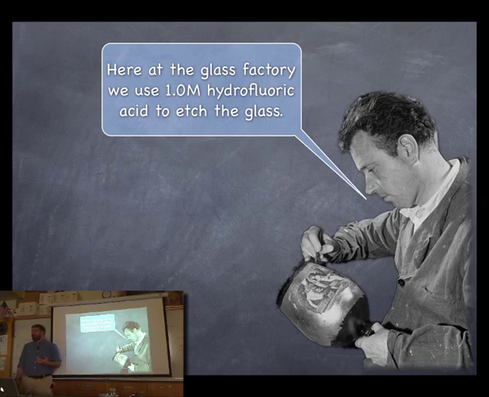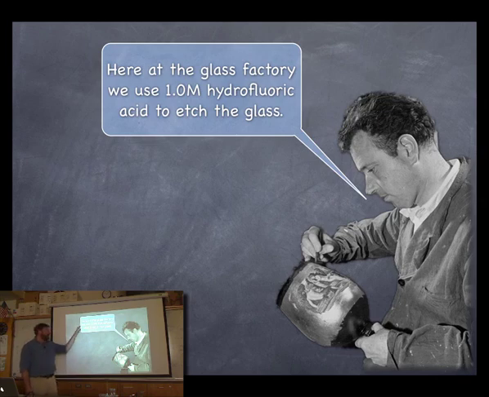Hydrofluoric acid is frequently used to dissolve rock or mineral samples. It's used in silicon wafer production because it will dissolve the silicon masking stuff. So hydrofluoric acid is really useful for etching glass or doing stuff like that. It's also highly toxic. It's absorbed through the skin and attacks the bones because the fluoride bonds very strongly with the calcium.